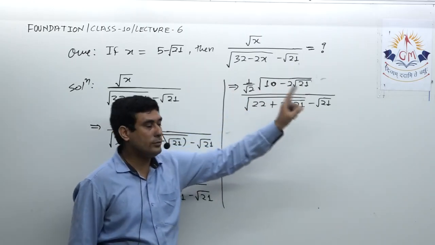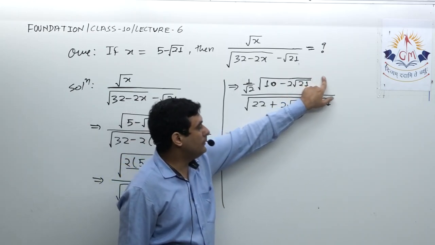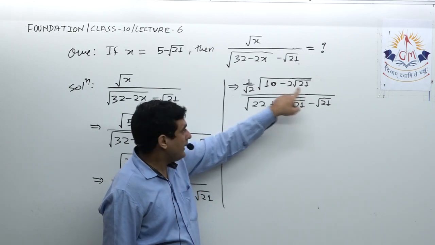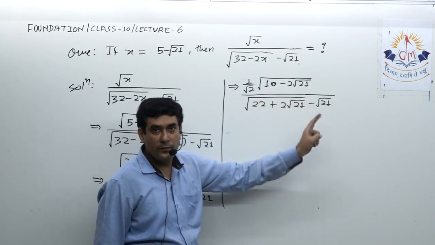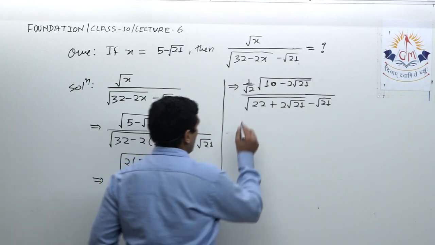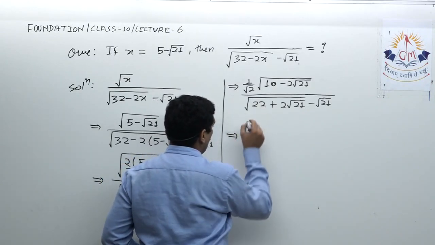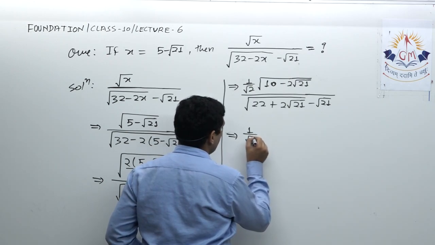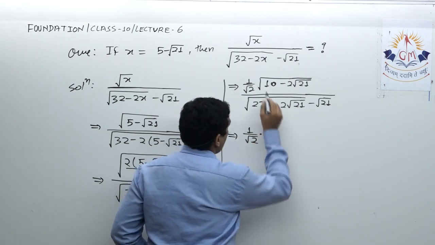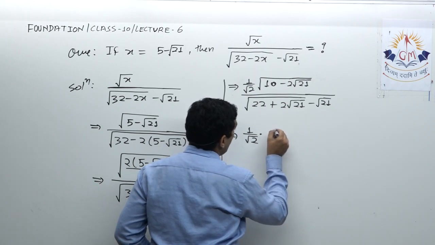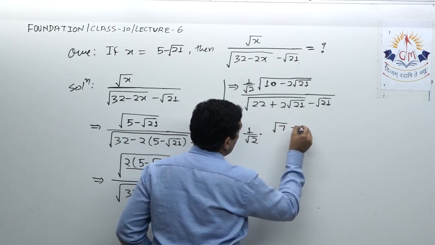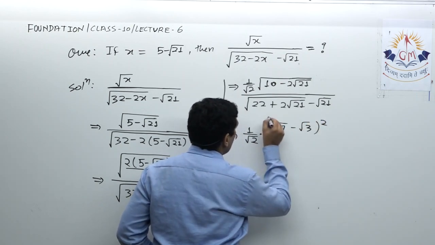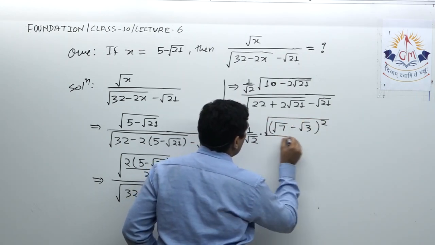That means I have to think about two numbers whose product is 21 and sum is 10. So the numbers are 7 and 3. In the next step, first of all I will take this root 2 in such a way. Now it will become the square root of root 7 minus root 3 whole squared.